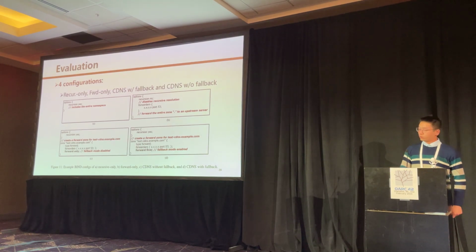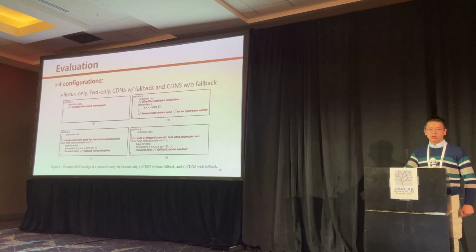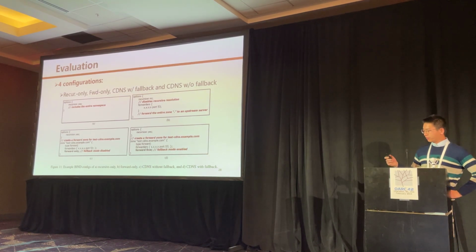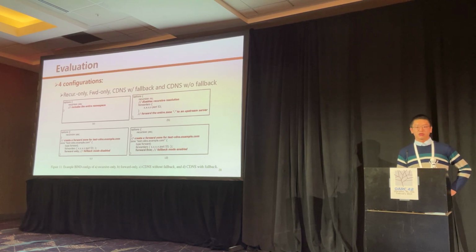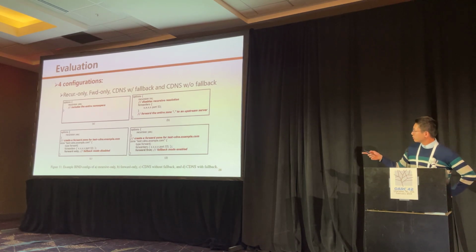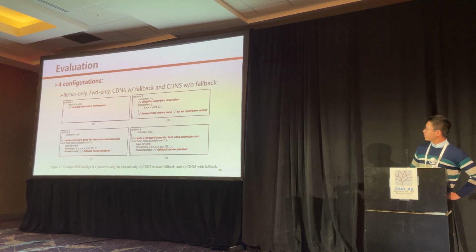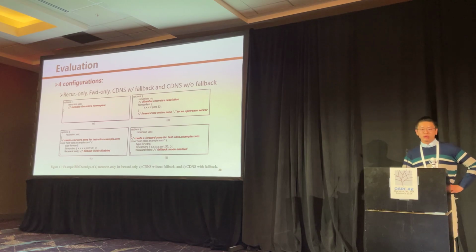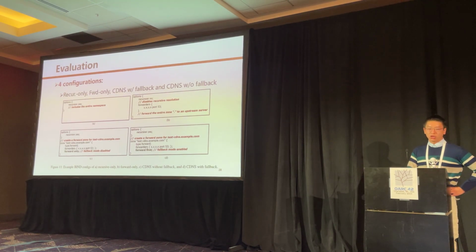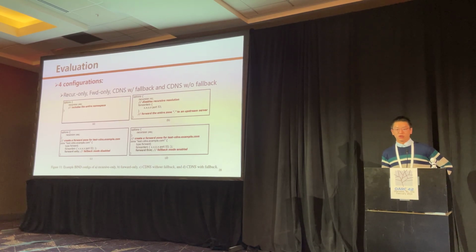One is recursive only, another one is forwarder only, and we have some conditional DNS settings, which means for some of the domains, in this picture test-cdns.example.com, it serves as a forwarder type, and for other queries, it serves as a recursive resolver.